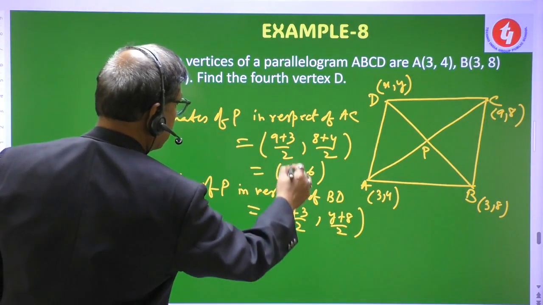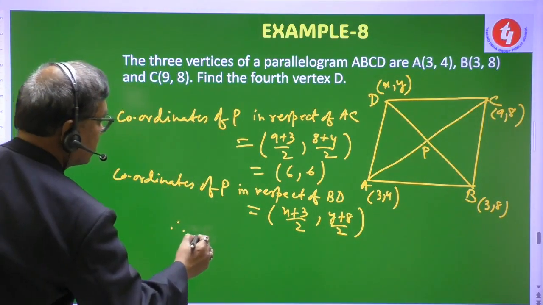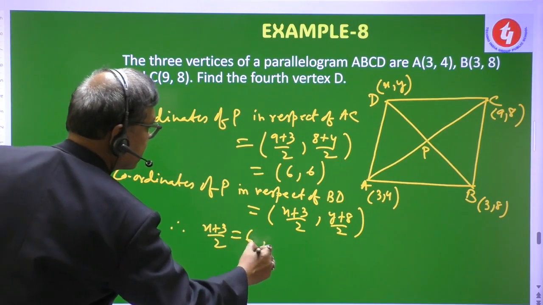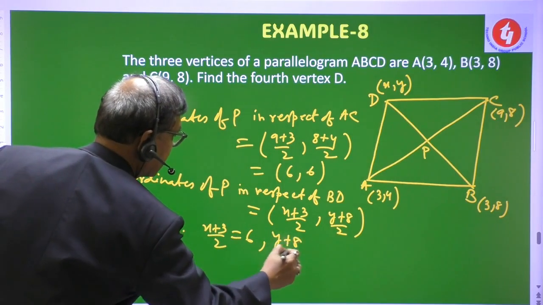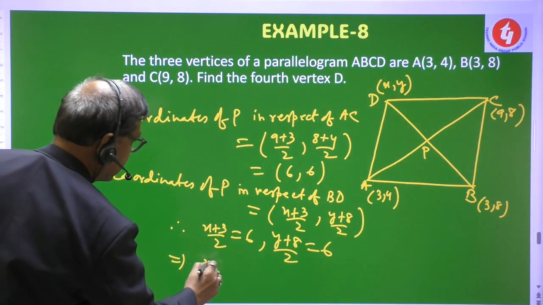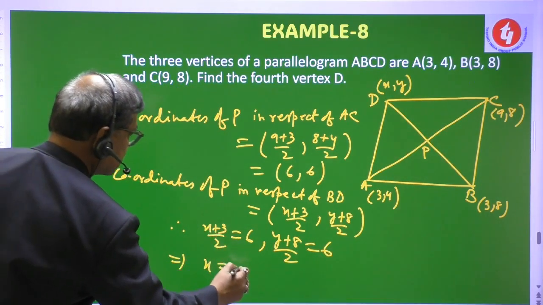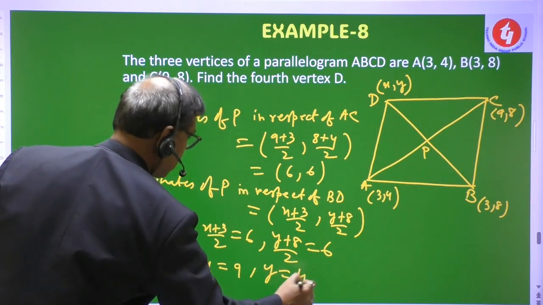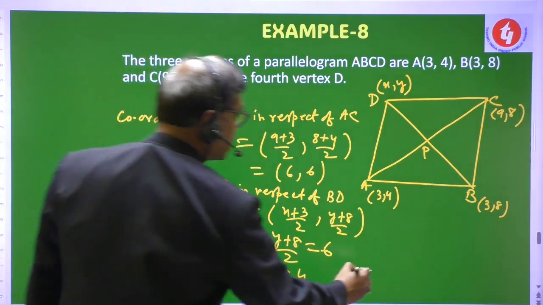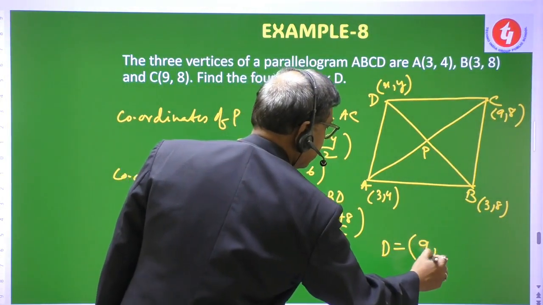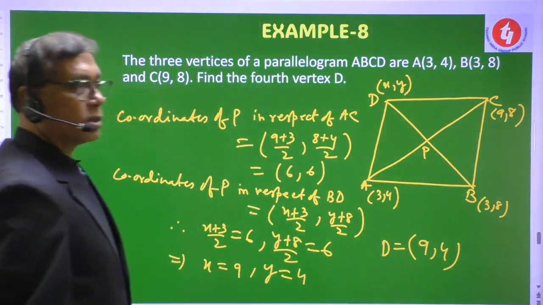But both are coordinates of P. Therefore, x plus 3 upon 2 equal to 6 we can write. Y plus 8 upon 2, that also 6. So from here we are getting x value 12 minus 3 is 9 and y value 12 minus 8 is 4. So that means coordinates of D we are getting 9 comma 4.